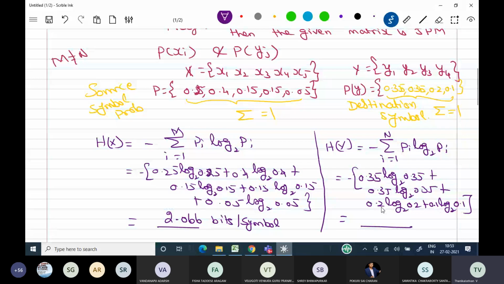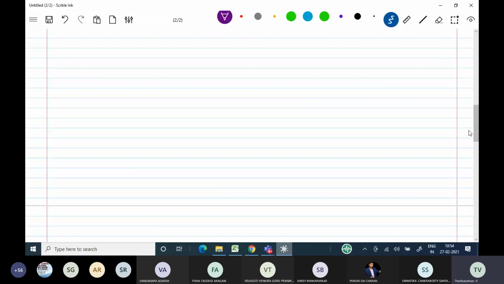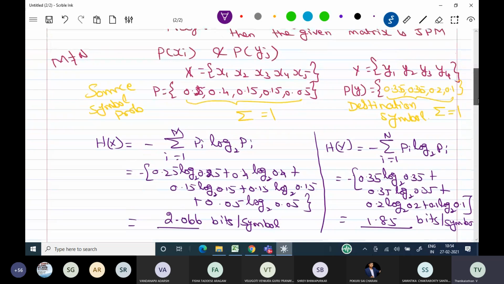Simplify this, the answer is going to be 1.85 bits per symbol, because it is already available in my class notes. That's why I am writing all the answers directly.